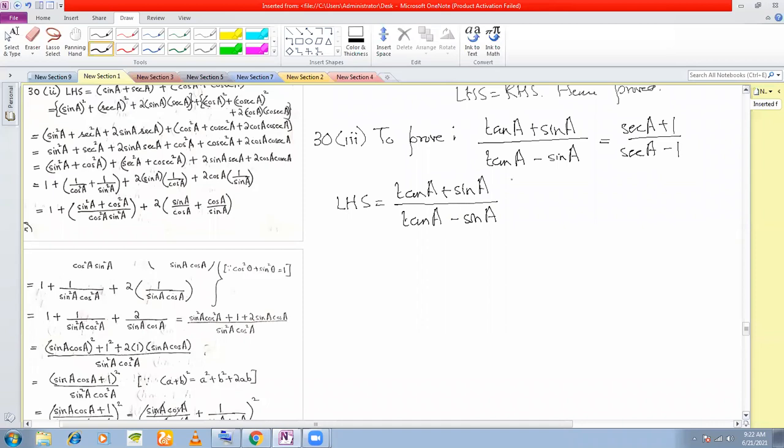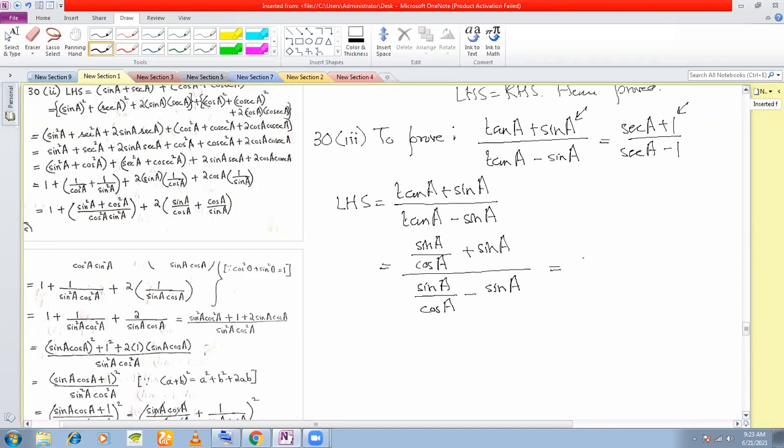Now you see a tan on the left hand side, tan and sine here, and you see a sec here. That means if you change everything to sine and cos, simplify, and then later you can change to sec. So what you can do here is you can write tan A as sine A by cos A plus sine A. The denominator is sin A by cos A minus sin A, right?